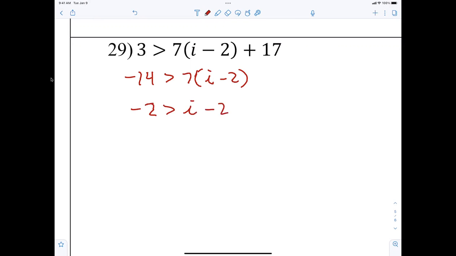Now what? 0 is greater than I. Therefore, I is less than 0. Anybody else having issues with that?